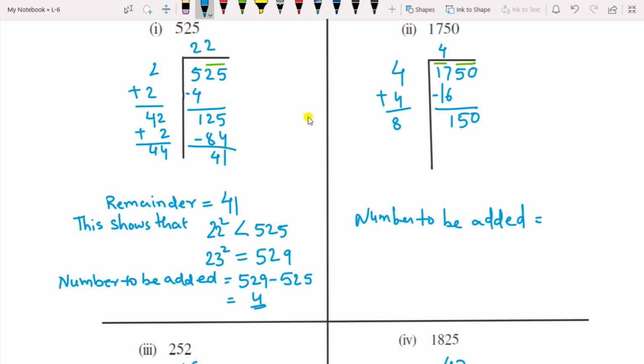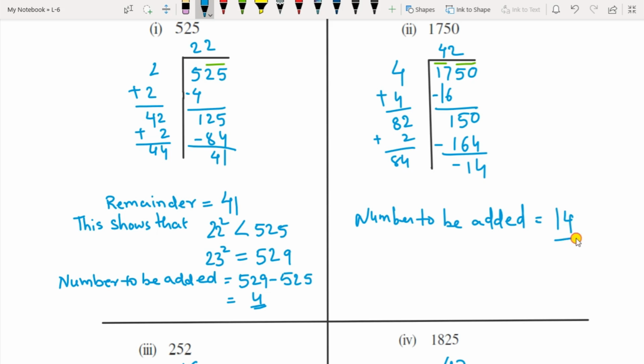But in this case you have to take a number whose product gives a bigger number than this. So I will take 2 again. 2 times 84 is 168, which on subtracting gives minus 14. Since the result has a minus sign, it becomes minus 14. So the number to be added here is 14.